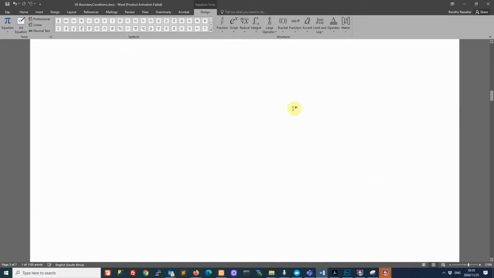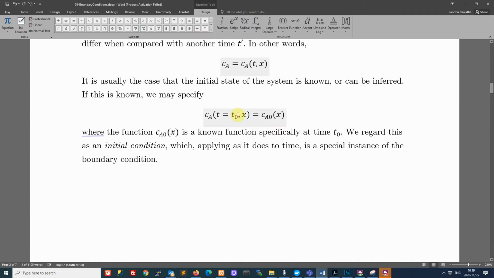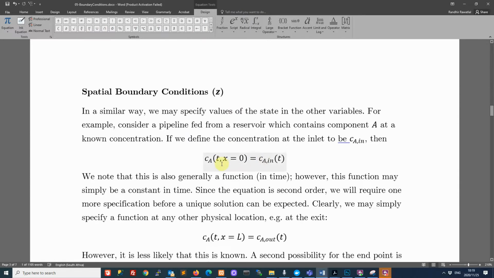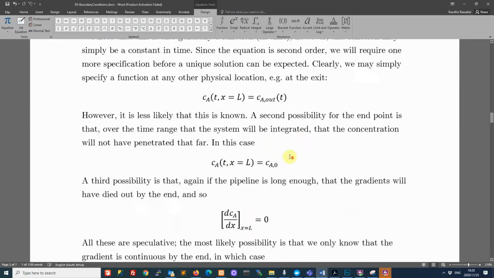So in contrast to the earlier case where we were talking specifically about a specific time, which we called an initial state, now we are talking about all future times. Looking just at the inlet point, we happen to know what the concentration is at that inlet point. And we accept that this might be changing with time.